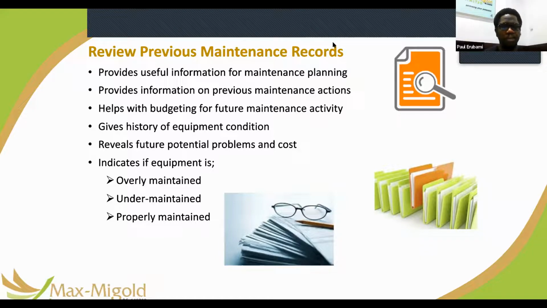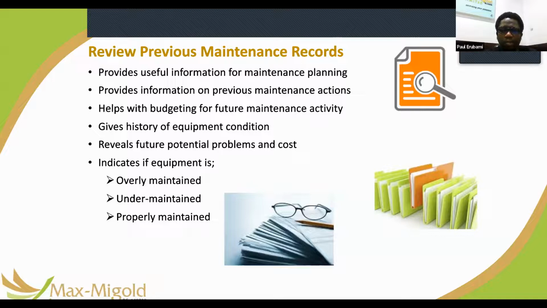If your equipment has been over-maintained, under-maintained, or poorly maintained, you get that sense from what you have. And this is one big problem that contracting companies and FM companies have. The client wants you to come and take over their facilities to maintain and run for them. And when you see how the place has been maintained over the years, you know that it's been poorly maintained or under-maintained, but the client wants you to do it at a lower cost, right?